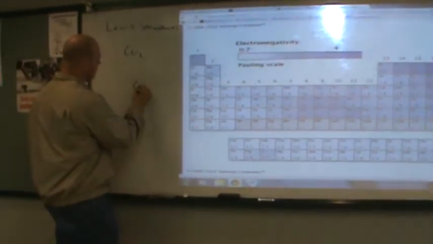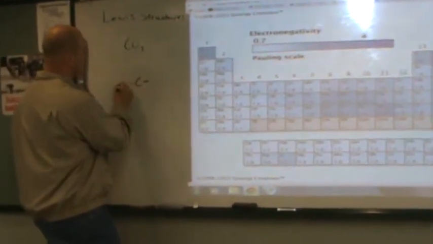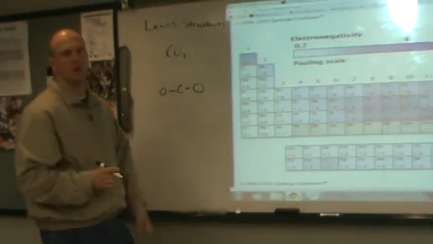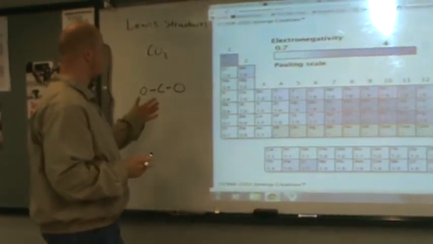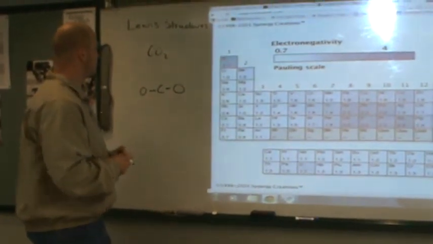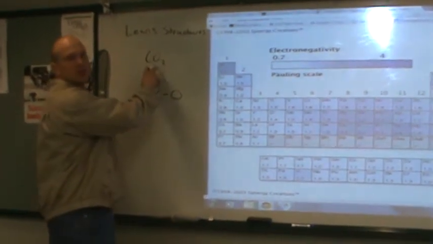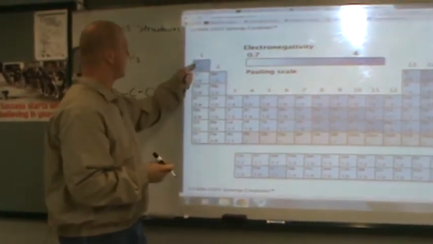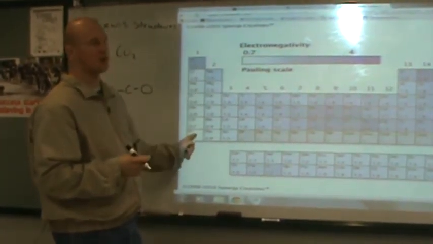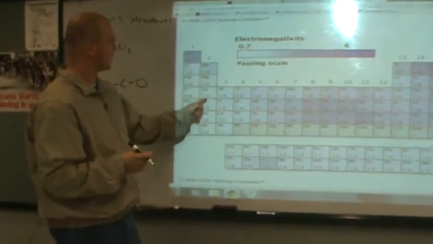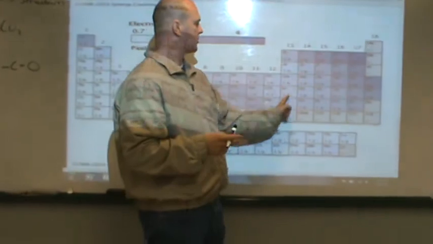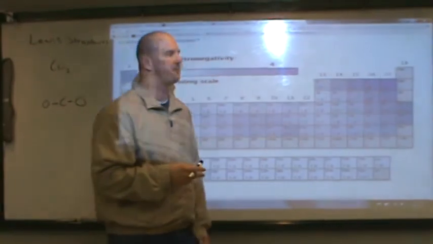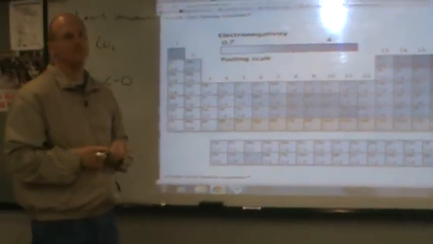So we could start off considering a single bond between carbon and oxygen on both sides, which is a good starting place. You'd also want to calculate how many valence electrons CO2 has. Now, valence electrons are just those electrons that are in the outer shell. And so if it's in group 1, there's 1 electron in the outer shell. If it's in group 2, there's 2 electrons in the outer shell. If it's in group 13, there's 3 electrons, 4 electrons, 5, and so on until 8 electrons in group 18.